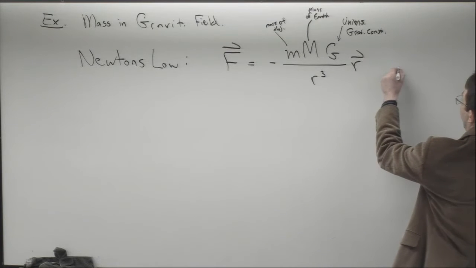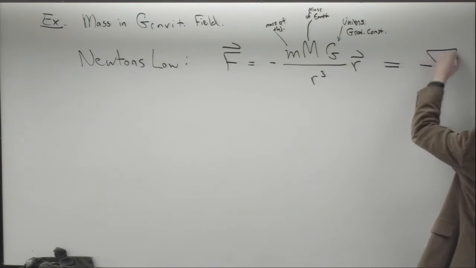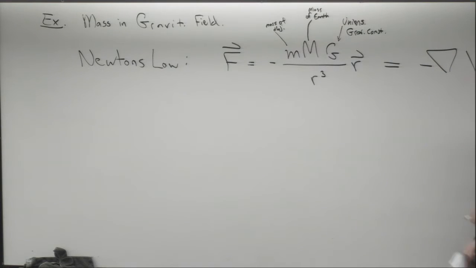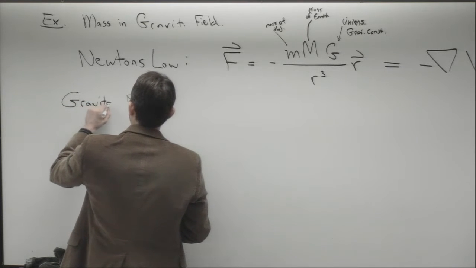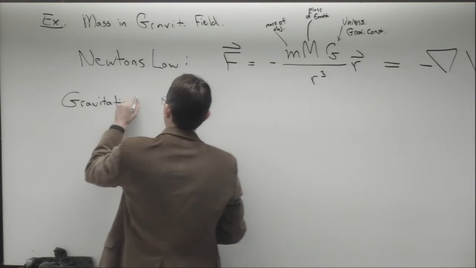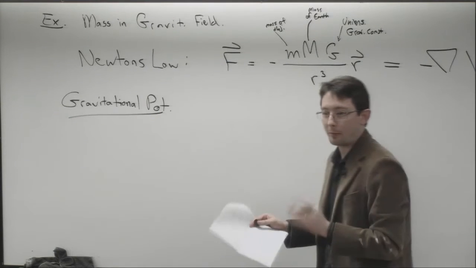And we've kind of already looked at this before, that this is equal to minus the gradient of some potential energy field, okay? And we're going to say the gravitational potential, my favorite abbreviation is POT.